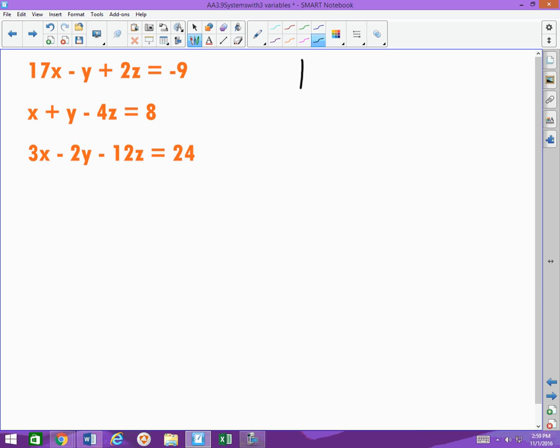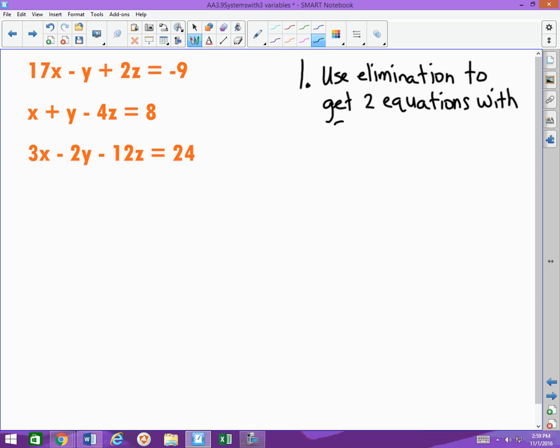So in order to solve this, the first thing you have to do is use elimination to get two equations with two variables.